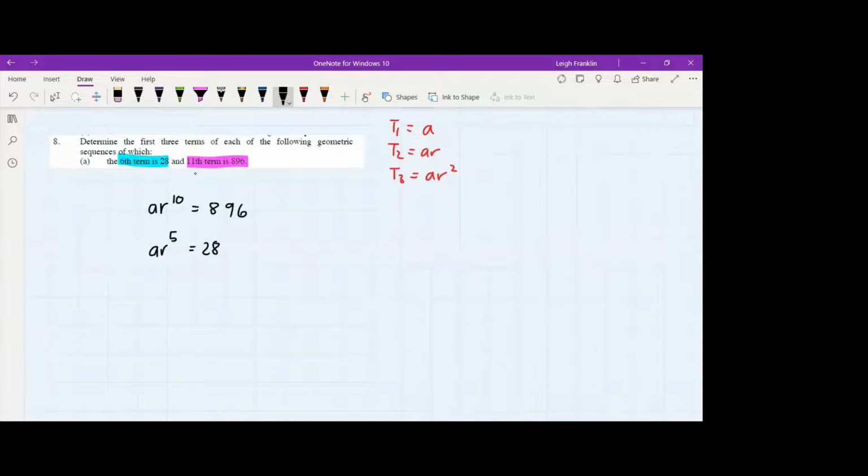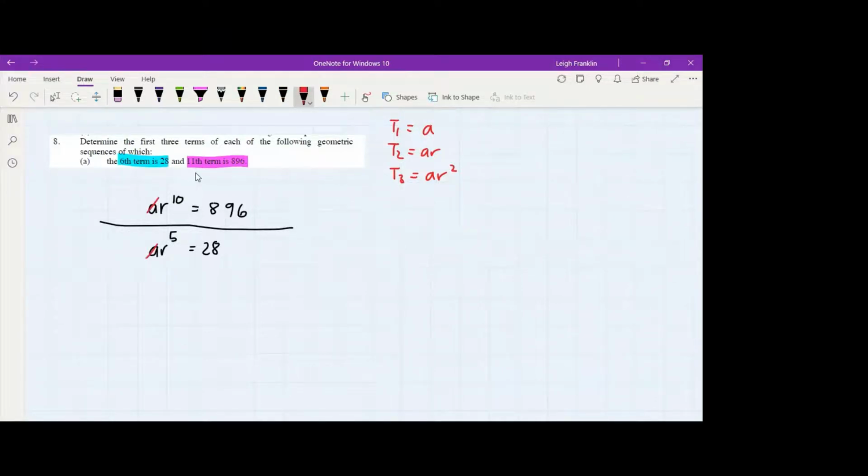896. So because I am working with 2 geometric sequences or 2 geometric equations rather, I cannot eliminate by subtracting. I have to eliminate by dividing. By dividing. Good. Okay, so A divided by A is 1.